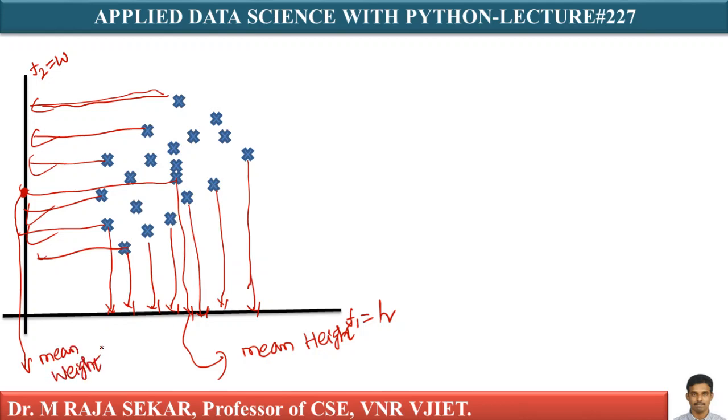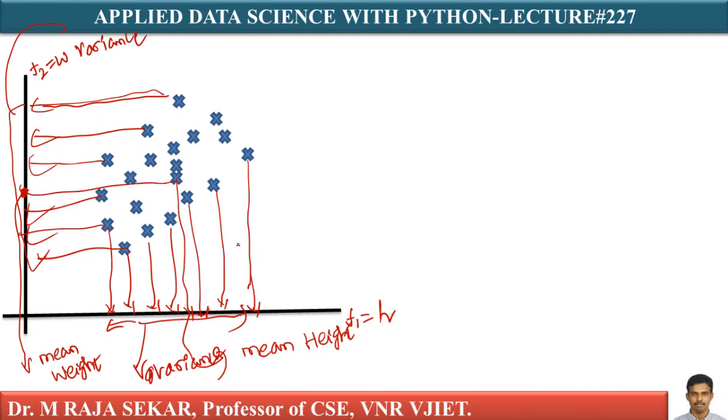As I told you, what is my variance? This portion is the variance of the original data without column standardization. In a similar manner, this portion is the variance of weights.